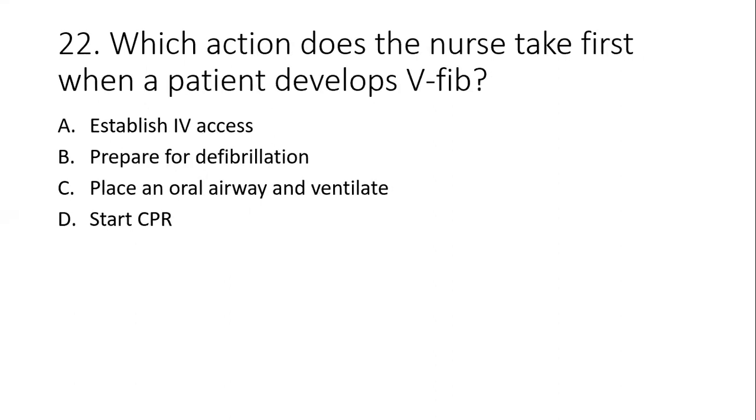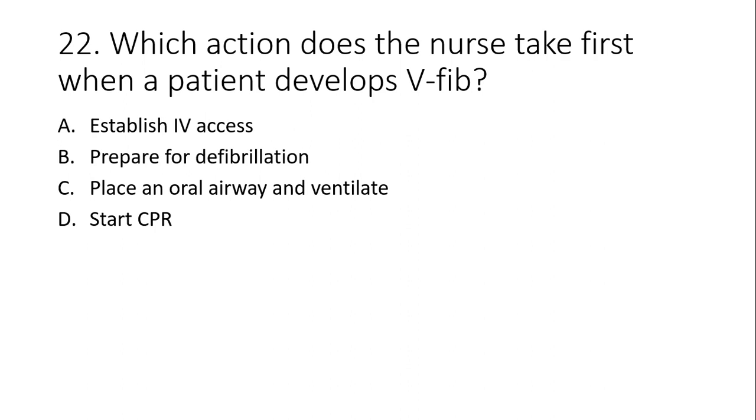Which action does the nurse take first when a patient develops VFib? B. Well, actually, it would be D while somebody runs to get the B. Right, in the actual situation, yes.